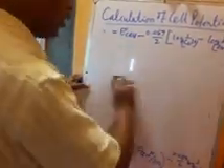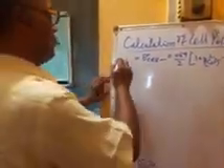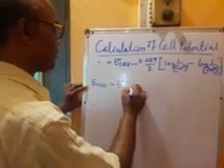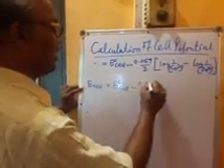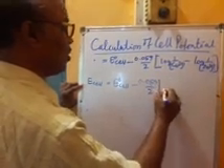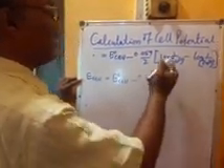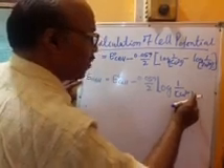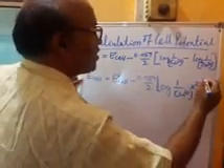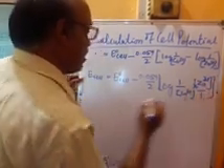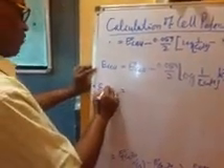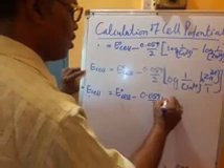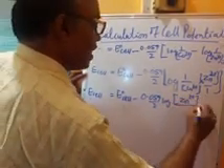So E cell will be E naught cell minus 0.059 by 2 log of 1 by concentration of Cu2+ divided by 1 by Zn2+, or concentration of Zn2+ by concentration of Cu2+.